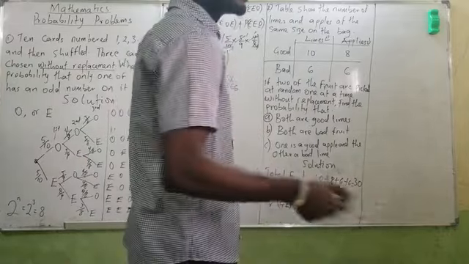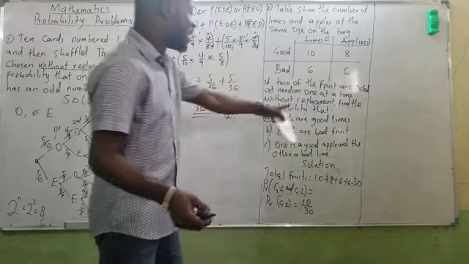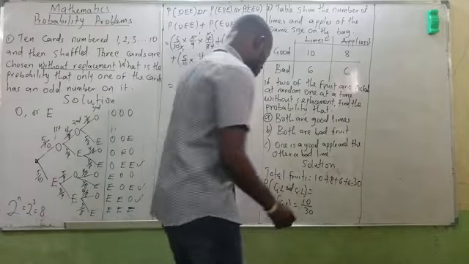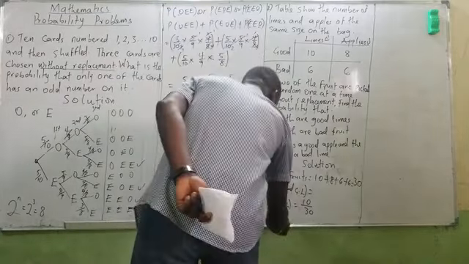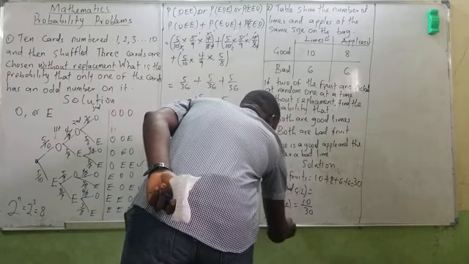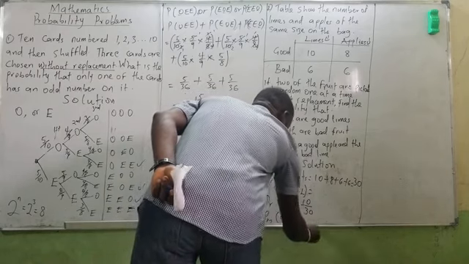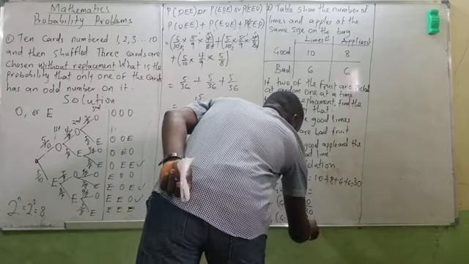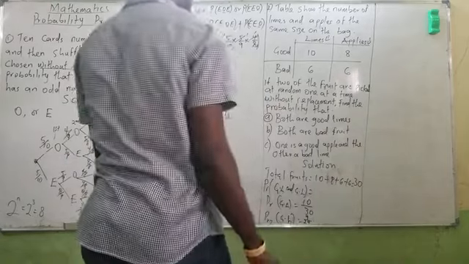If it is without replacement, it means I've taken one away. Now, the second one, the probability of the second good line, will be 9 all over 29.